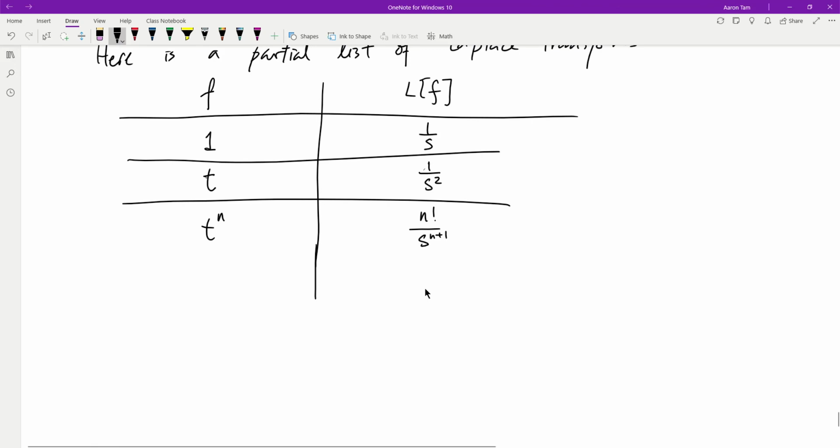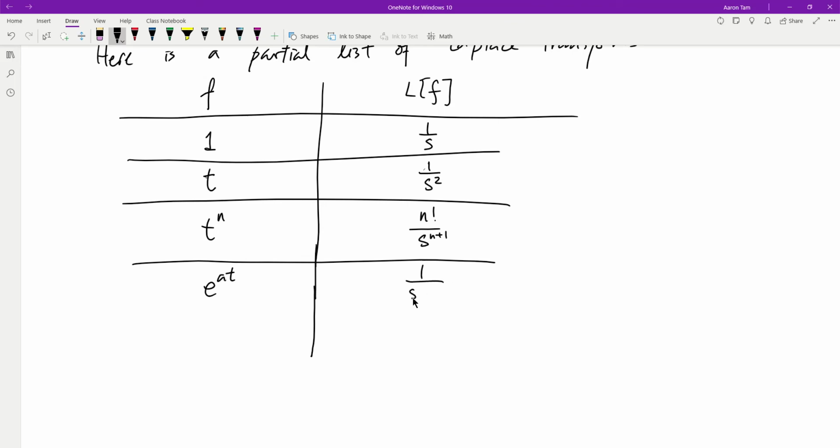So that follows a nice simple pattern. Another very common function is e to the at, and we established that that's 1 over s minus a. Essentially, you can think of 1 as 1 over s minus 0, so technically speaking, 1 is like e to the 0t.